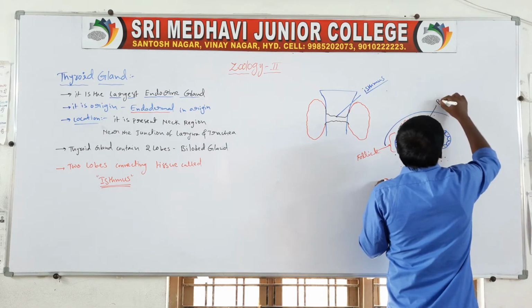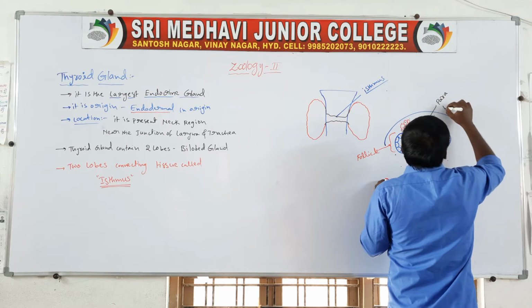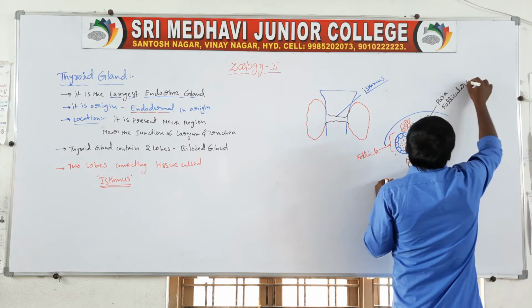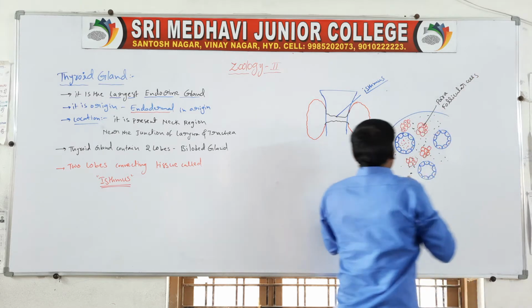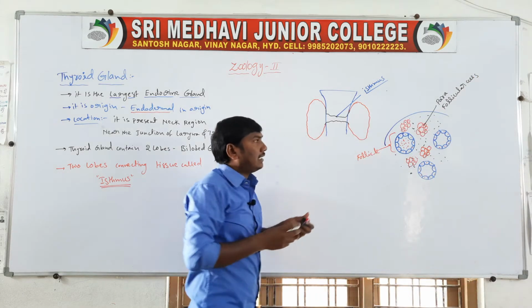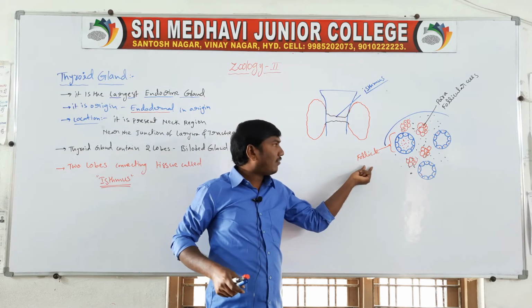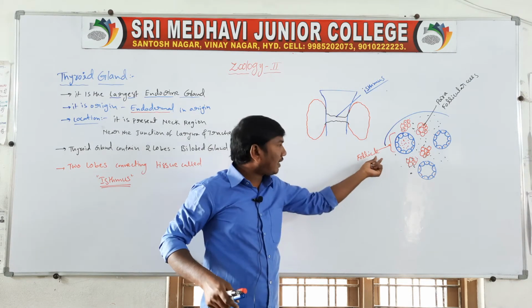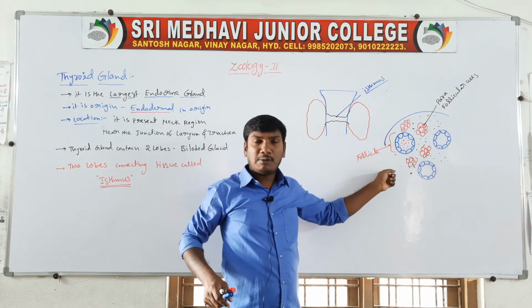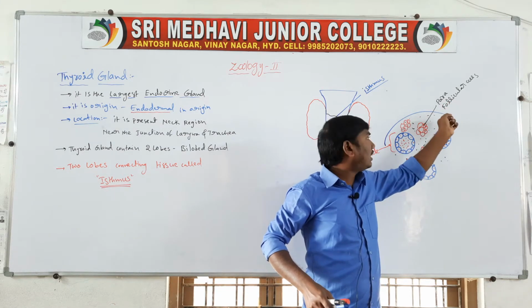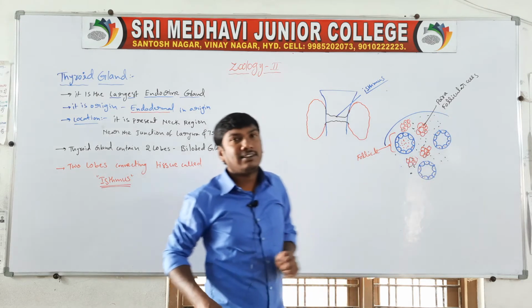These cells are called parafollicular cells. So the inner side of the thyroid gland contains two types of cells: the follicular cells, forming the follicle, and the parafollicular cells.